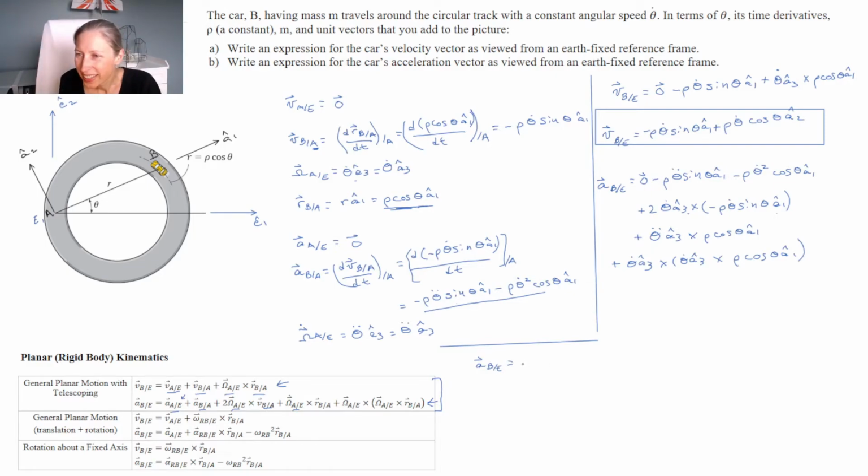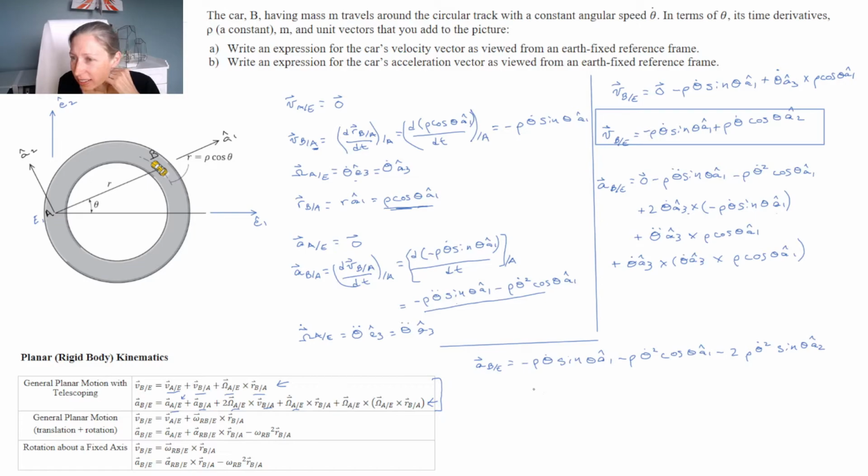So we'll do negative rho theta double dot sine theta A1, minus rho theta dot squared cosine theta A1, plus, now, so I said A3 cross A1 is A2, but there's a negative, so this is negative 2 rho theta dot squared sine theta A2, I believe.